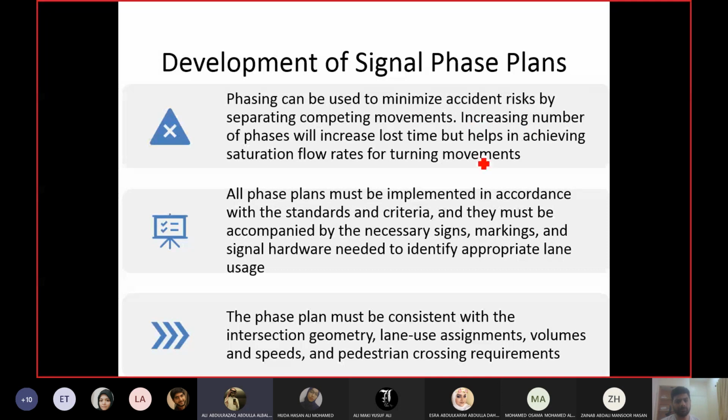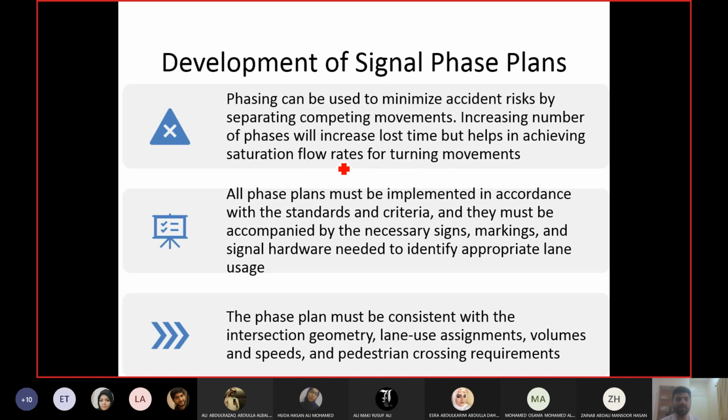Ideally we should have a separate phase for each movement, but increasing the number of phases will increase lost time. So you cannot just keep on increasing the number of phases. Another advantage of separate phases, especially for turning movements, is that you can increase their flow rates.